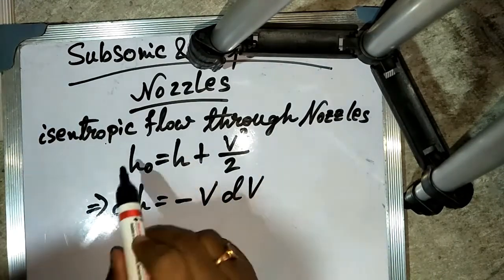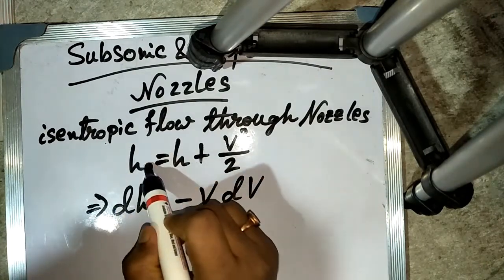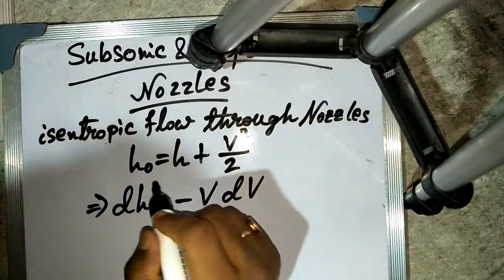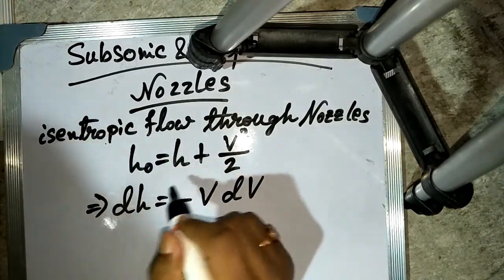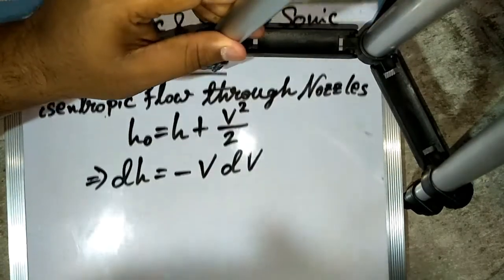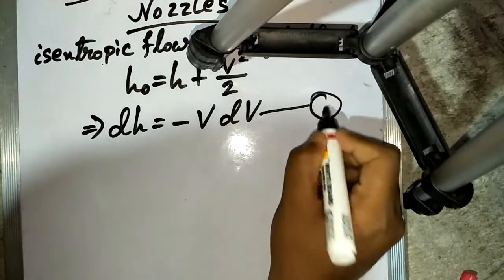Since this is a constant term, because H0 is the stagnation enthalpy and it does not change, that's why the minus sign comes. This is equation number 1.